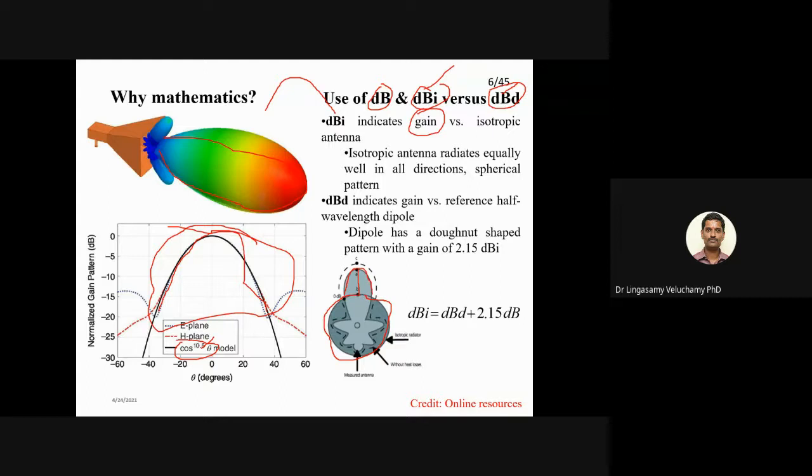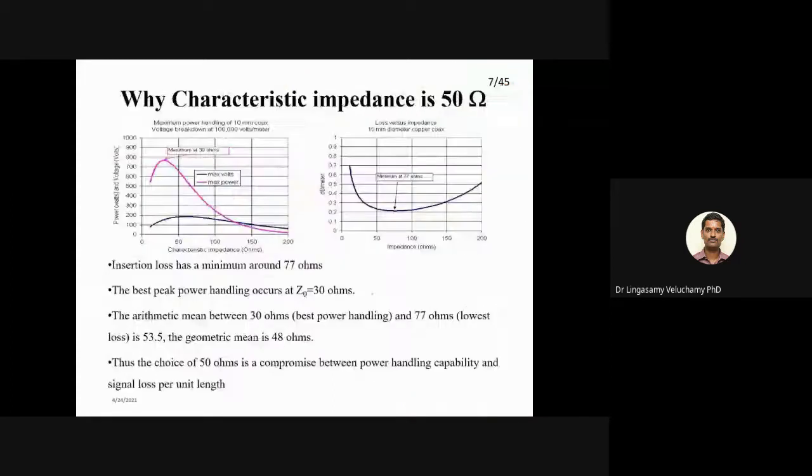So we have to always remember that we have to denote antenna gain in terms of dBi or dBd. Most of the simulation software use dBi because its reference is an isotropic source, but we can also use dBd.